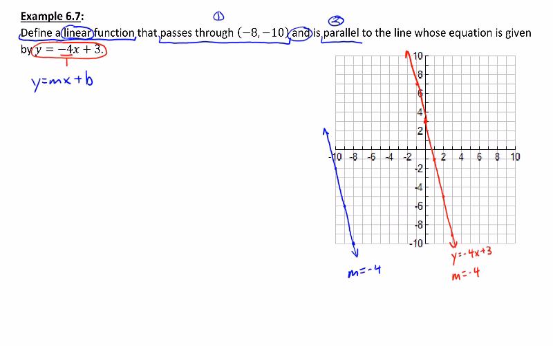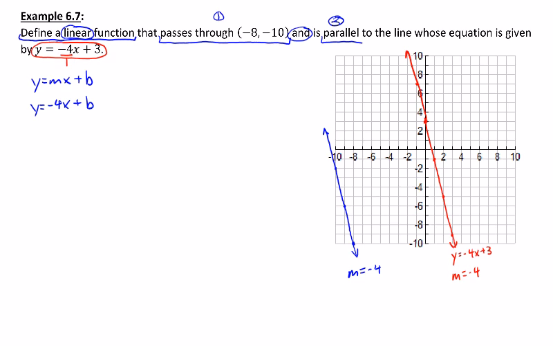Since we know the slope is -4, let's come over here to the equation and write y equals -4x plus b. So b represents the y value that goes with the y-intercept. The graph that I have does not cross the y-axis in the window that we provided.